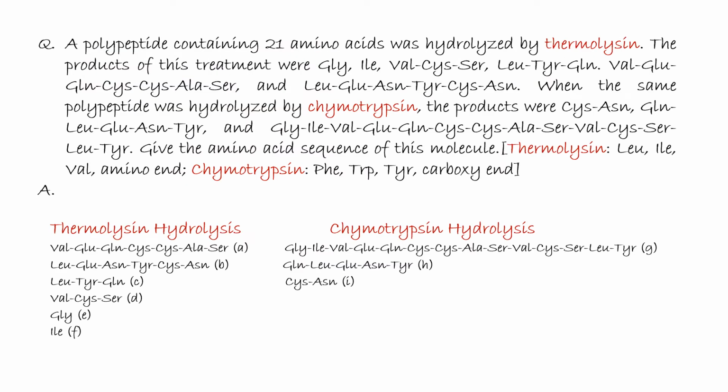A polypeptide containing 21 amino acids was hydrolyzed by thermolysin. The products of this treatment were 6 products summarized here. And remember that thermolysin hydrolyzes the peptide at amino ends. So these are amino ends.